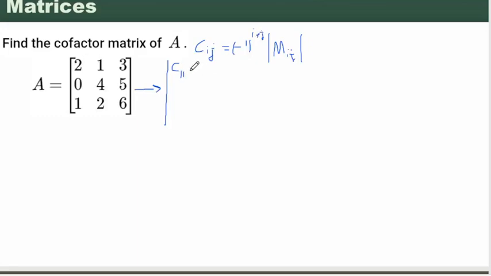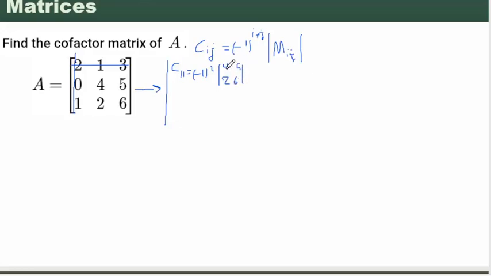So negative 1 to the power of i plus j, 1 plus 1, to the power of 2, and the determinant of a matrix that's obtained by deleting first row and first column, which is 4, 5, 2, 6.